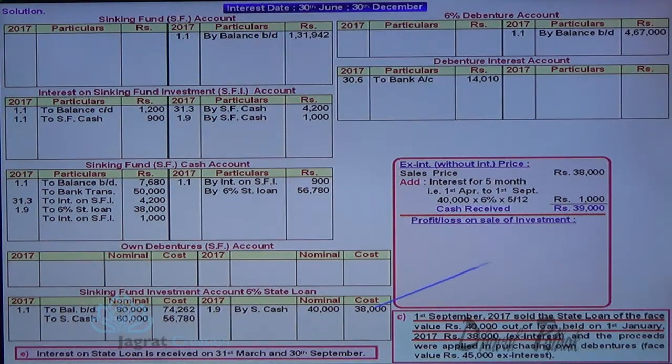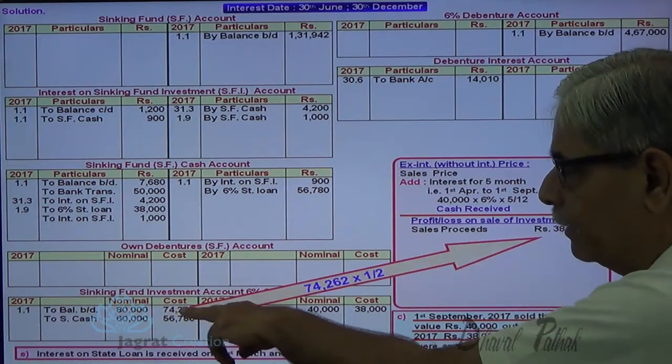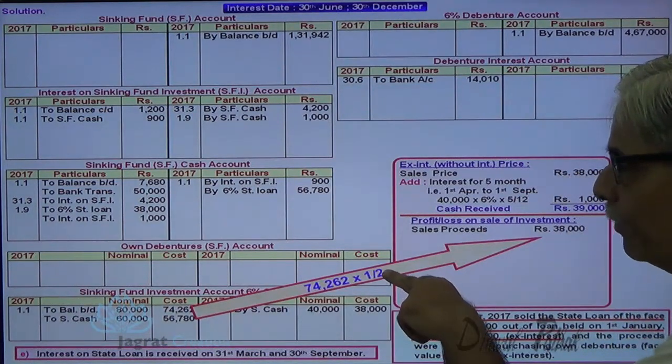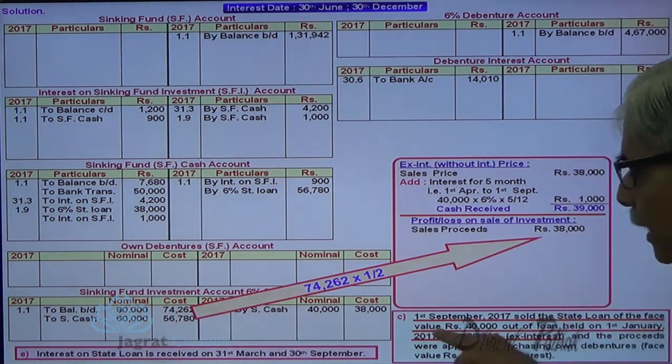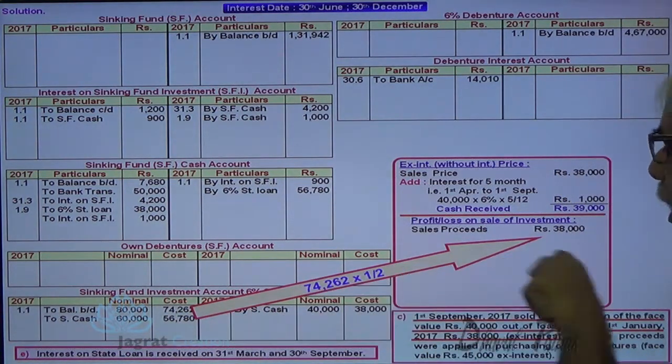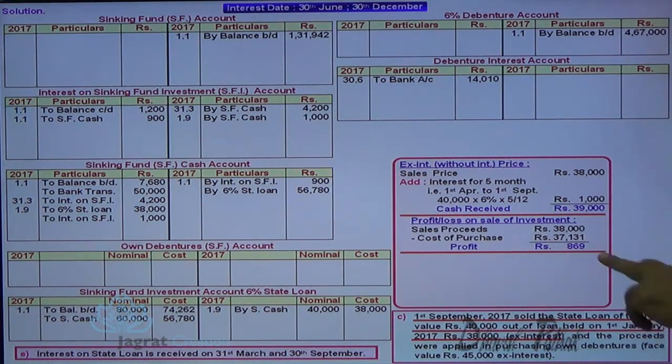Profit on sale of investment, ex interest, sales proceeds 38,000. Now half of it, 74,262 into 1 half. Why 1 half? Because 80,000 is the nominal value of this and 40,000 is the nominal value sold. So half of it. So cost of purchase is 37,132. So profit on sale 869.